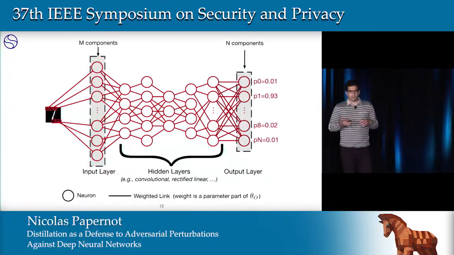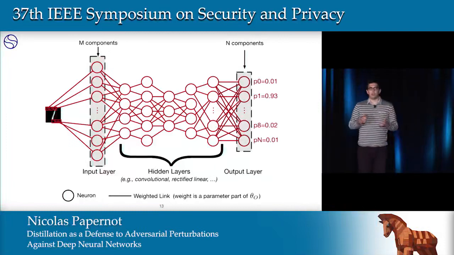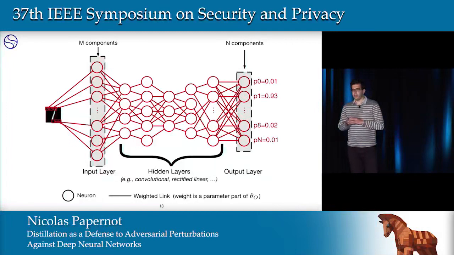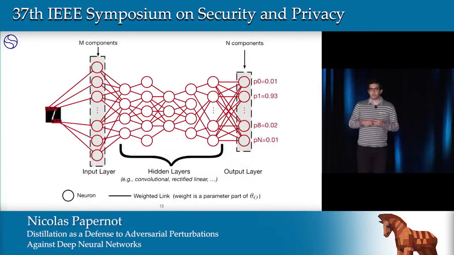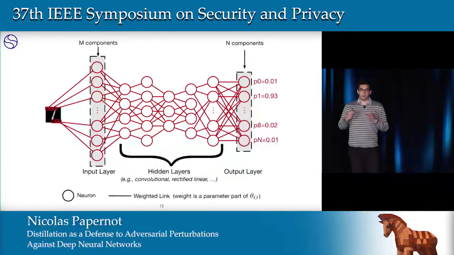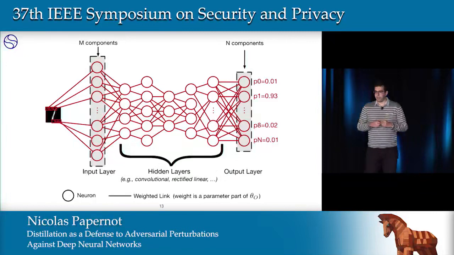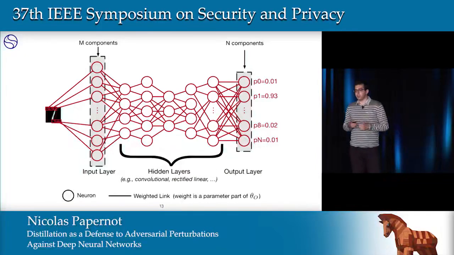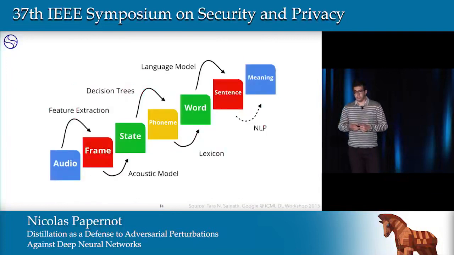And finally, this is processed by a softmax layer, which is simply turning the class values into probabilities, so normalizing and summing up to 1. And so this whole model is trained by showing it a bunch of input-output pairs and backpropagating error gradients through the model. And it turns out that neural networks have been shown to produce state-of-the-art accuracies in many machine learning tasks in the past 10 years.